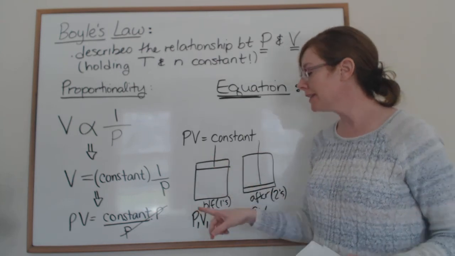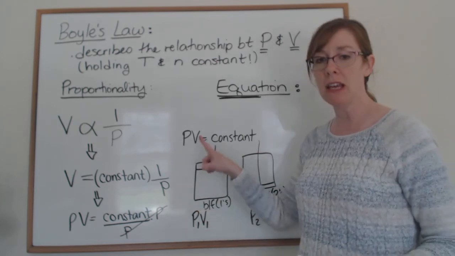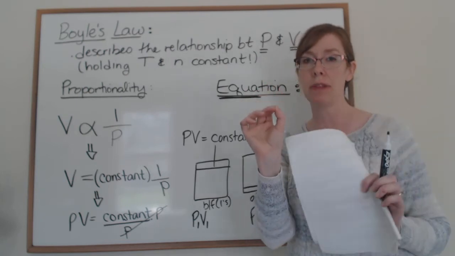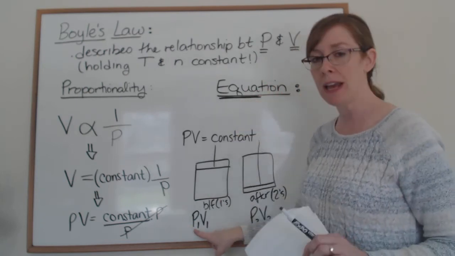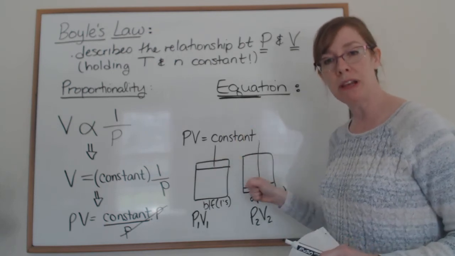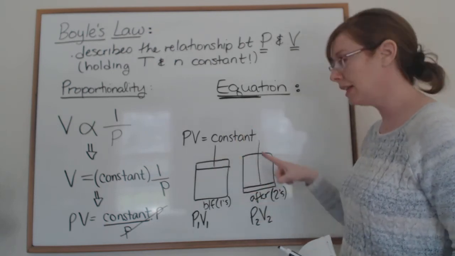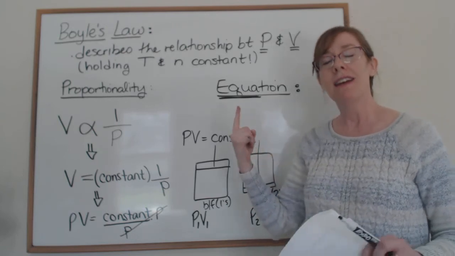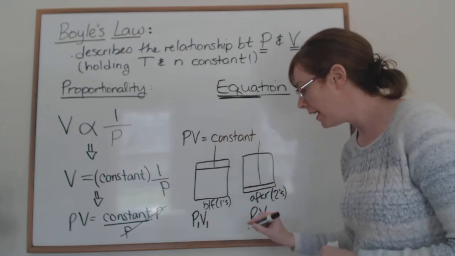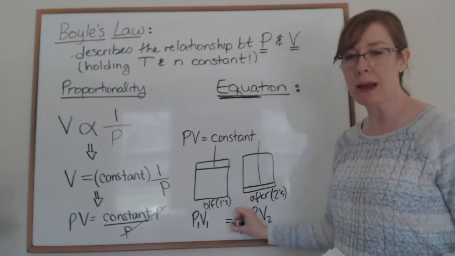The concept here is this. If both of these have to equal a constant, which is a number that can't change, I didn't say that, but a constant is a number that can't change. If this one has to equal the constant, which it does, and then I push down the plunger and this one has to equal the constant. The idea here is this: if they both have to equal the same number, then they equal each other, just by logic.